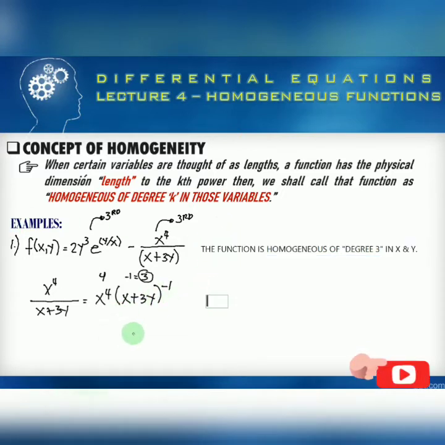So that is for our first example, and we have another example. For our second example, how about the square root of x plus 4y? We can write this into the form (x plus 4y) raised to the 1/2.